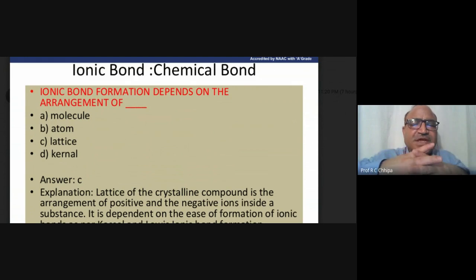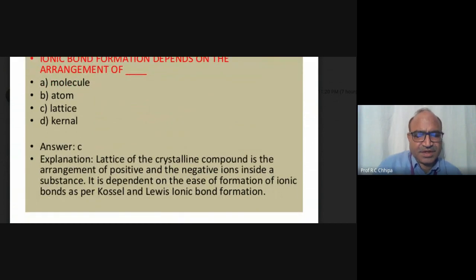So the lattice itself is formed between the ions. The question is whether ionic bond formation depends on the arrangement of molecules, atoms, or the lattice. The correct answer is the lattice of the crystalline compound.